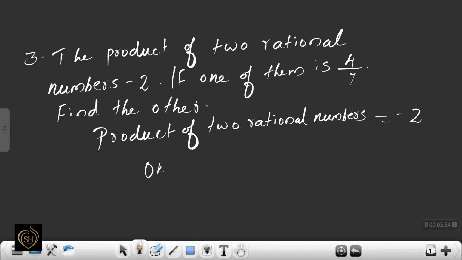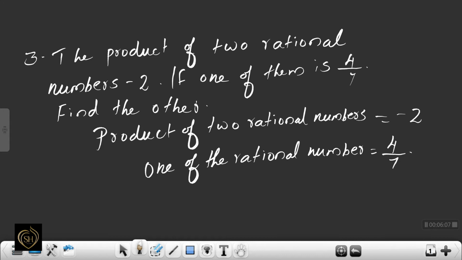One of the rational numbers is equal to 4 by 7. Let x be the other rational number.